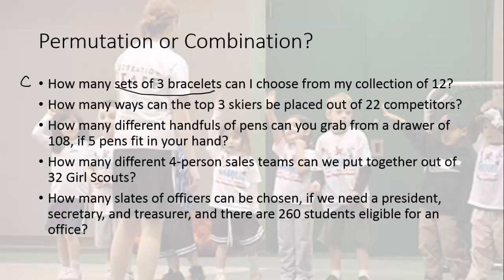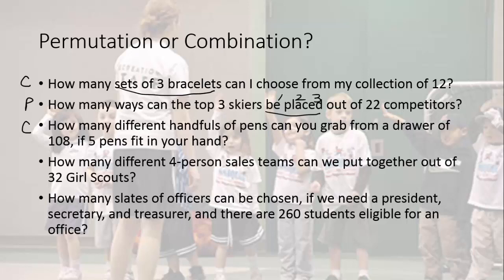In the second one, how many ways can the top 3 skiers be placed out of 22 competitors? This is a permutation because we're placing them in order as first place, second place, third place. How many different handfuls of pens can you grab from a drawer of 108 if 5 pens fit in your hand? Well, a handful of pens clearly isn't in any kind of order, so that's a combination.